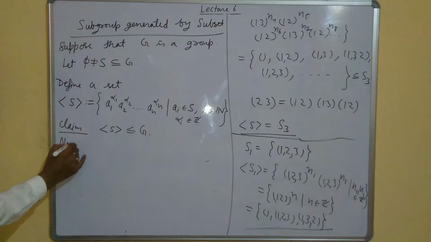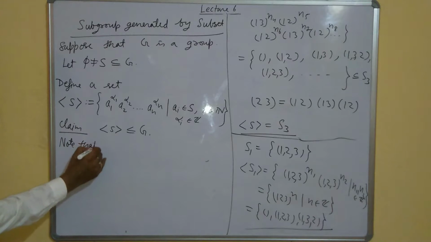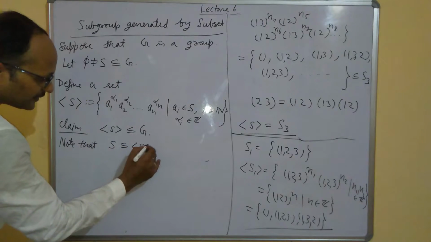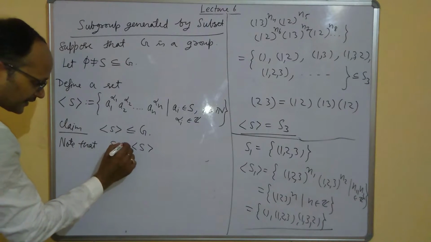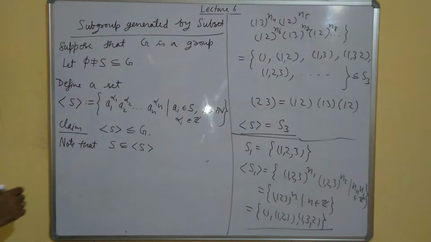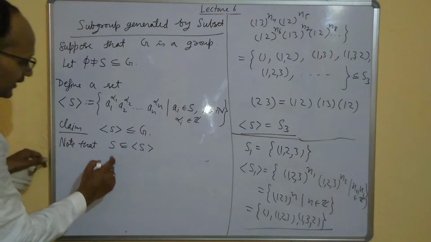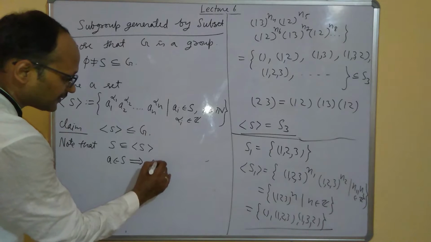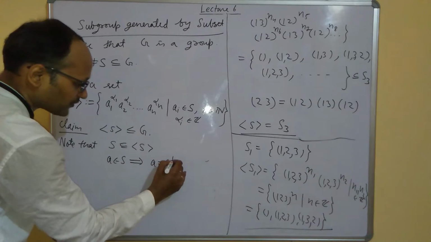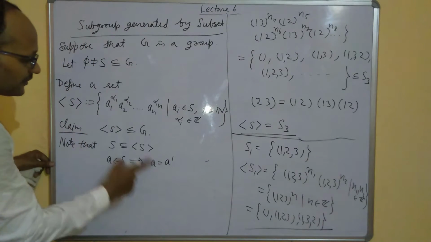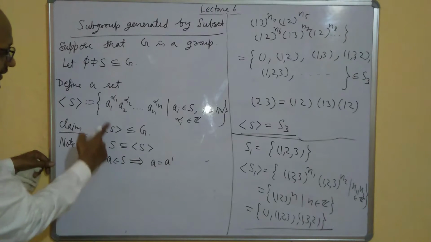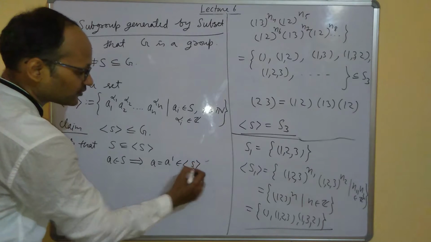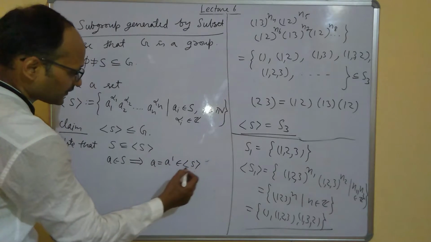So note that S is contained in this set. Why? Because take any element A in S, then A can be written as A to the power 1, and any element to the power something of S will lie in this set. So this belongs to this set. So this set is actually non-empty.